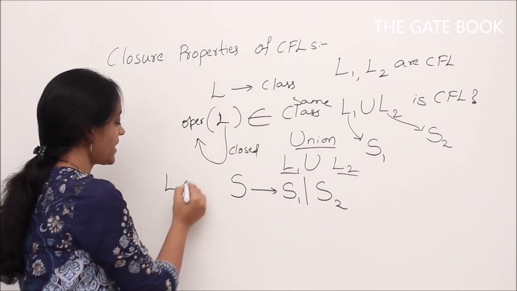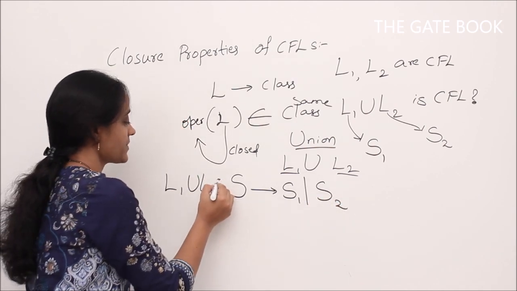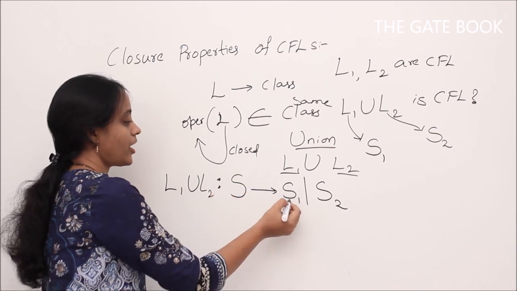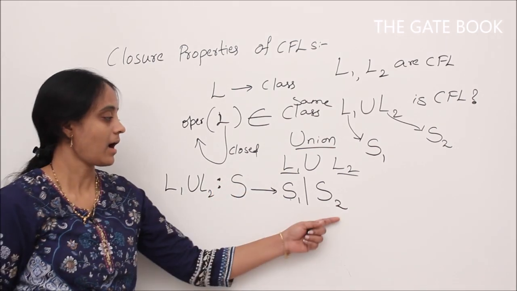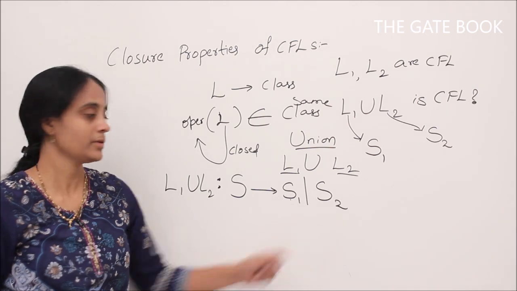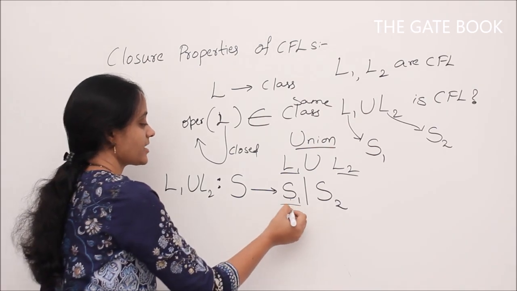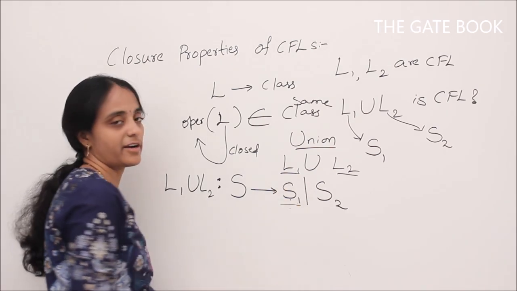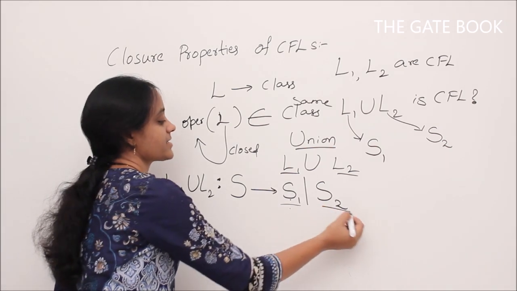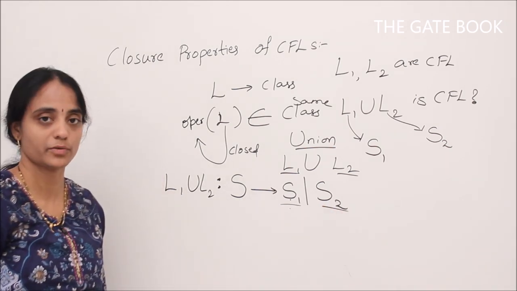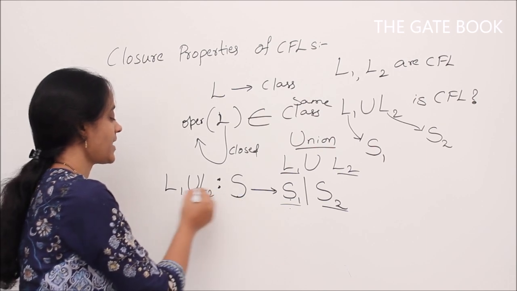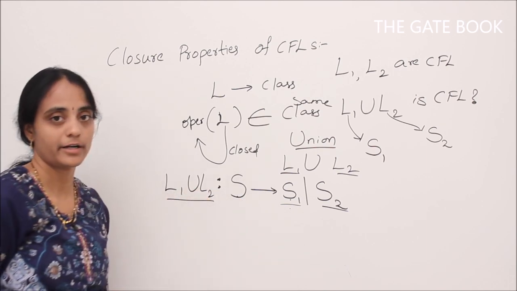then this is nothing but L1 union L2, right? Because S can derive all the strings of S1 or all the strings of S2. That means it can derive all the strings that can be derived from S1 and all the strings that can be derived from S2. So this S is nothing but L1 union L2.